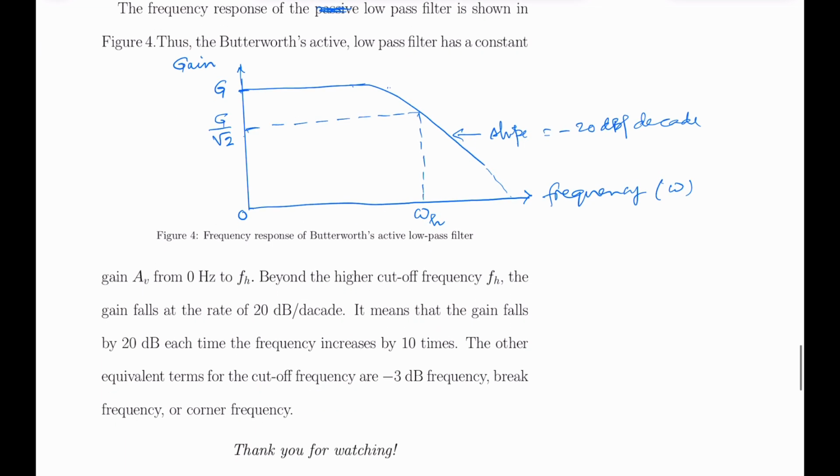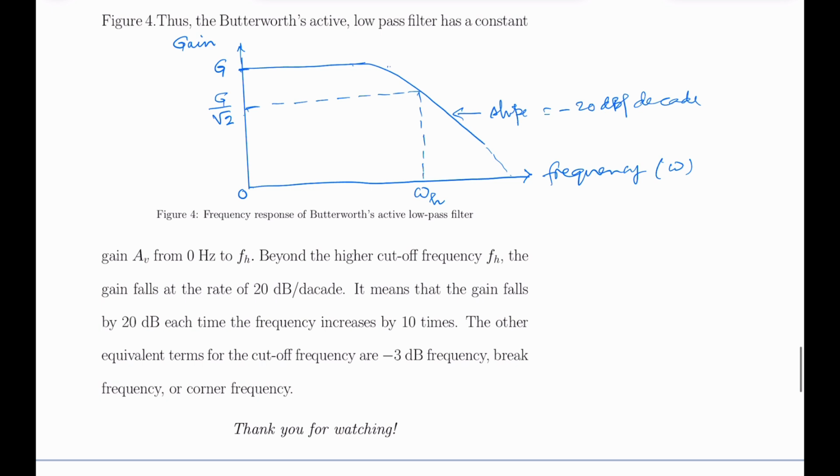So the Butterworth active low pass filter has a constant gain AV from 0 Hz to FH. Beyond the higher cutoff frequency FH, or you can write omega h also, because omega h is 2 pi FH, the gain falls at the rate of 20 decibel per decade.